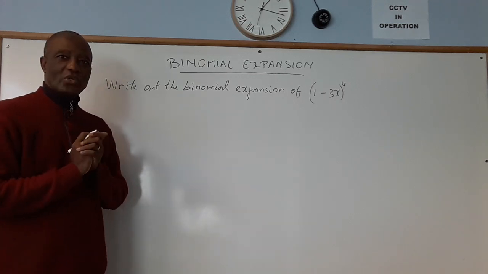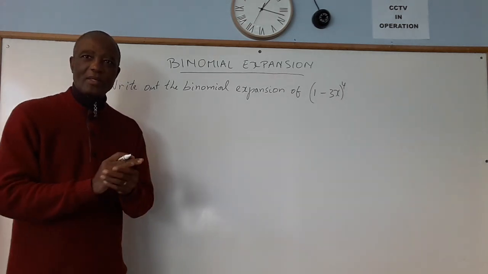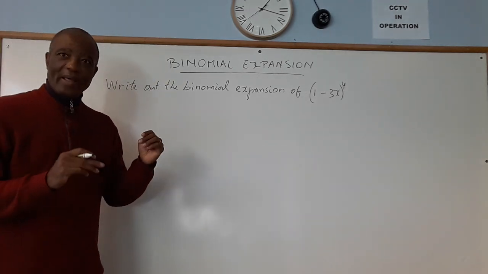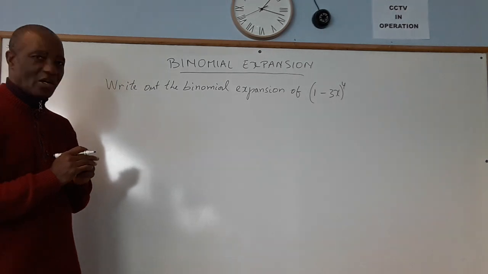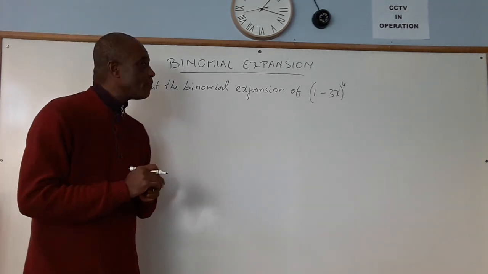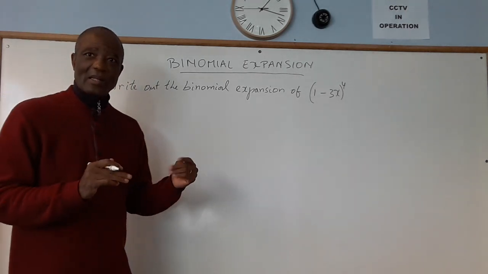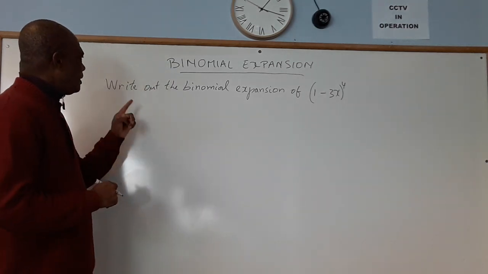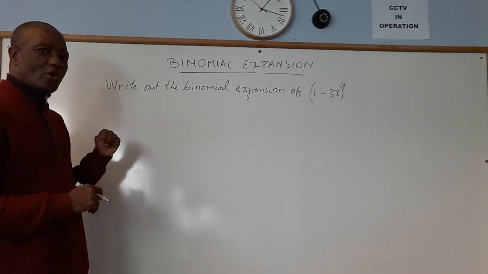We are going to continue with the topic that we are covering now. Binomial expansion is our topic, and this is the second class on this topic. The question is on the board.